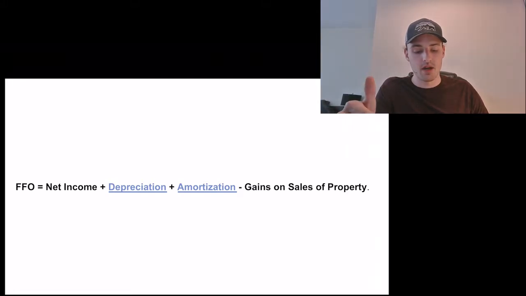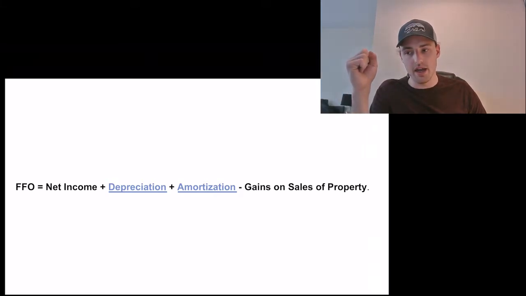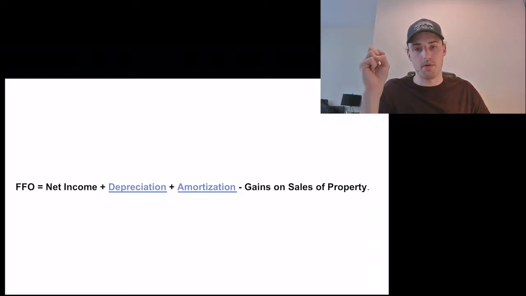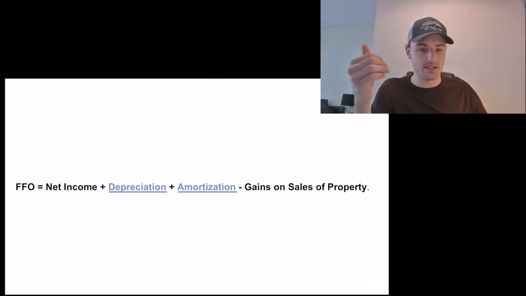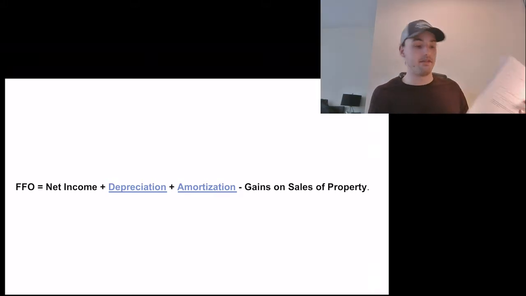And so what funds from operations is: net income, add back depreciation because that's a non-cash expense, add back amortization because that's a non-cash expense, and then subtract off gains on sales of property, because we don't want one-time cash windfalls to be influencing what is the actual operating income of the building. And operating income being defined as the cash income that's directly coming from the assets we hold themselves and not the sale of those assets.